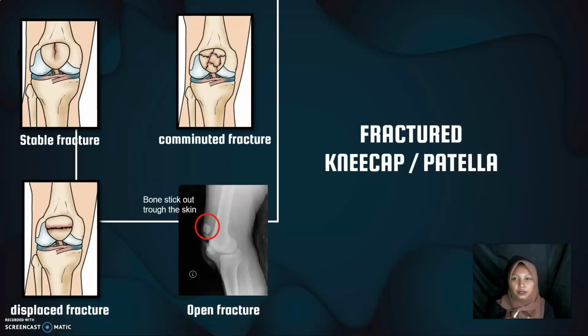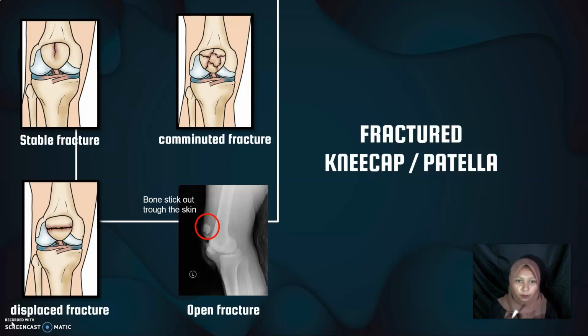There are common injuries that happen to the knee, which are fracture, dislocation, ACL, PCL, MCL, and LCL. The first one I will present is fracture of the kneecap, which we also call the patella. The patella is the most common bone broken around the knee.